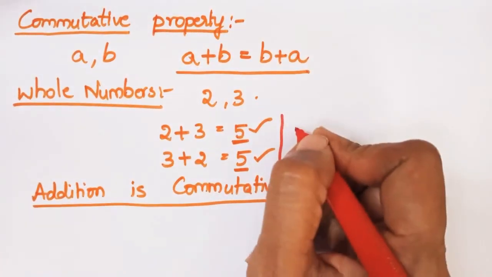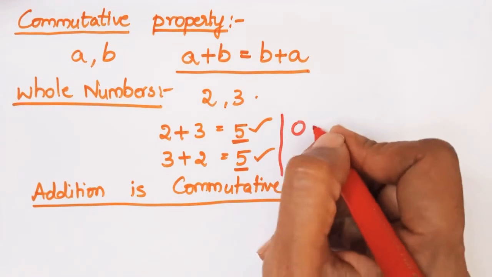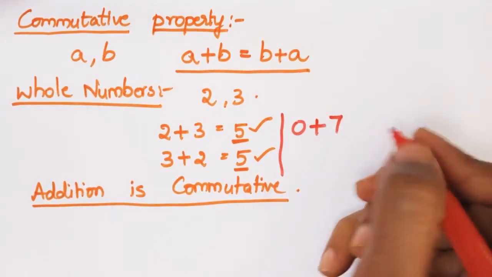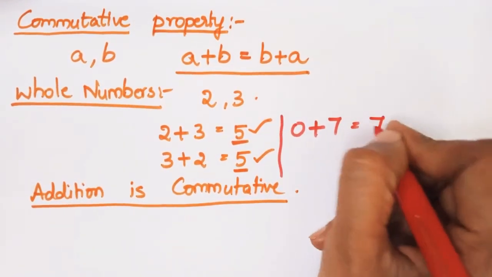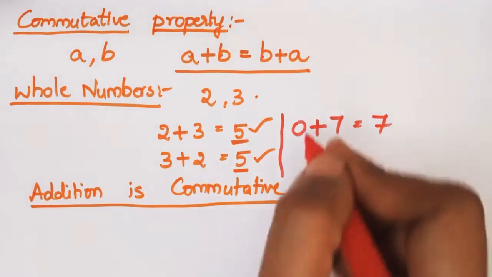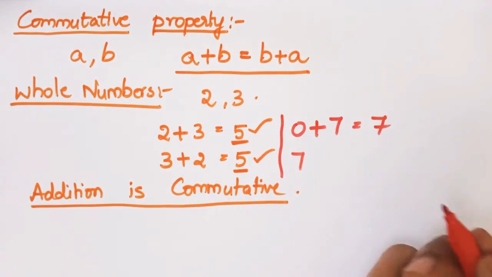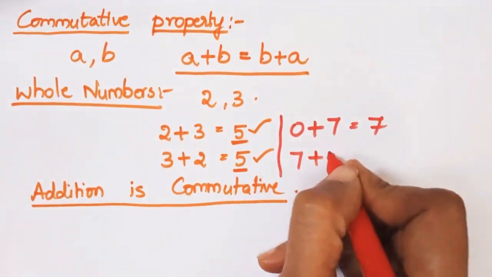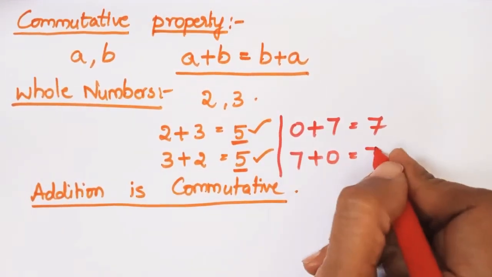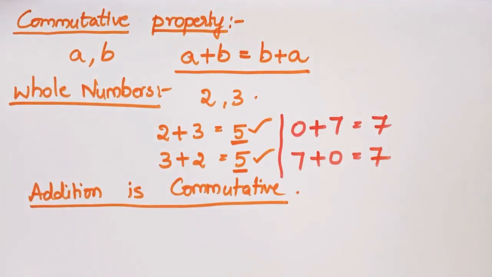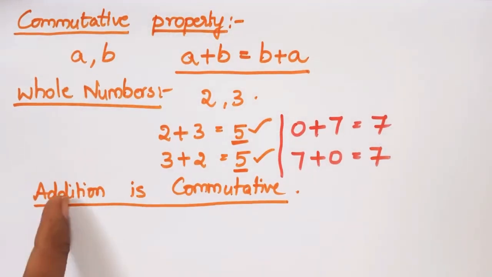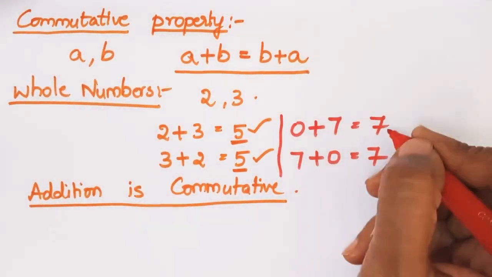Like I want to take 0, which is also a whole number. 0 plus 7. What do you get? You will get 7. And let me change the order now. I want to take first 7 and then add 0 to it. Then also I will be getting 7. Isn't it? So addition is commutative.